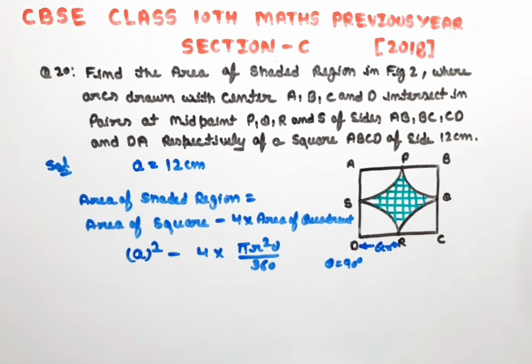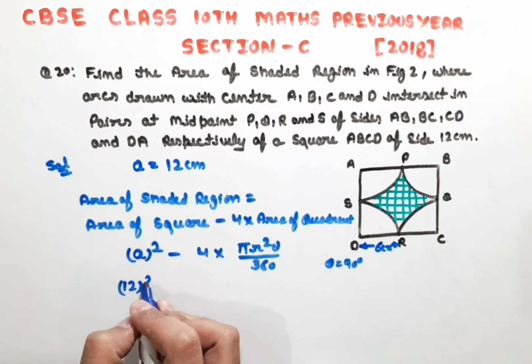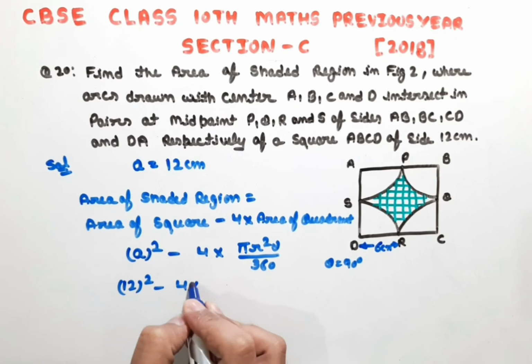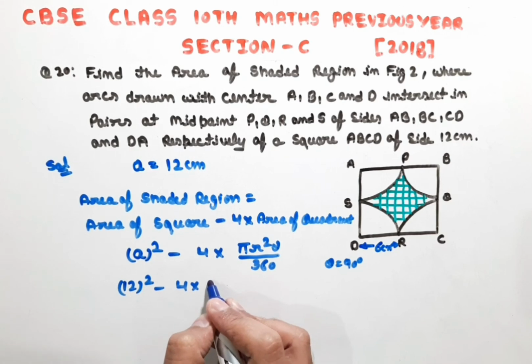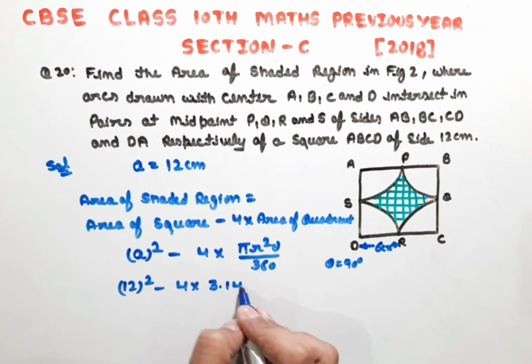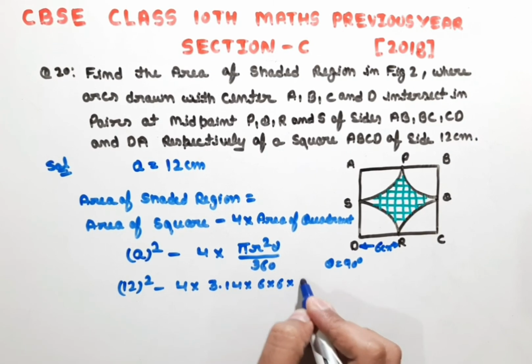So putting value here, 12 square minus 4 into pi, that is 3.14, into r square, that is 6 into 6 into 90 upon 360.